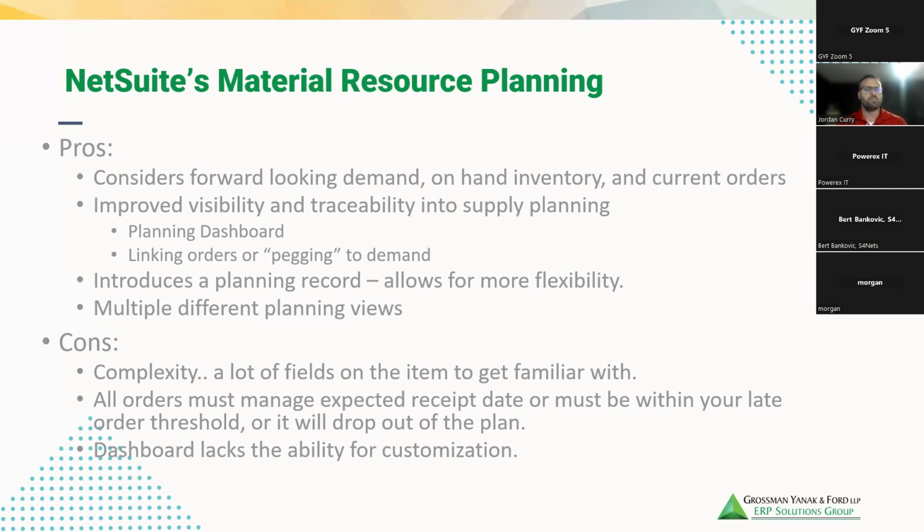The con of it is there are a lot of fields on the item to get familiar with. There are a lot of different methods that you can use that will dramatically affect the results you get from a supply planning perspective. So what I always tell people is, start out simple.